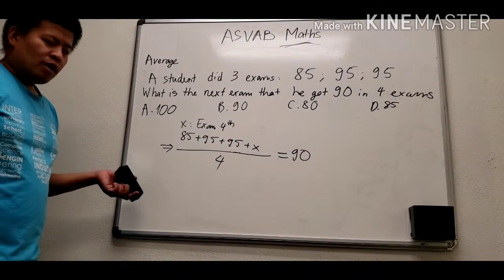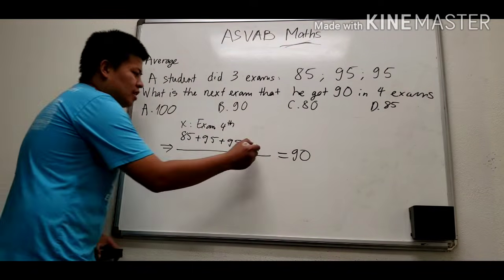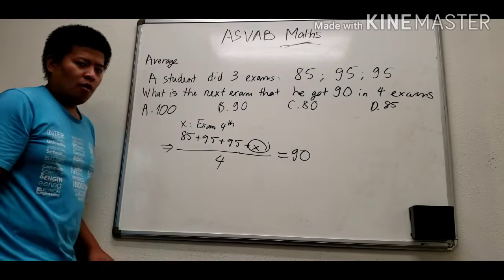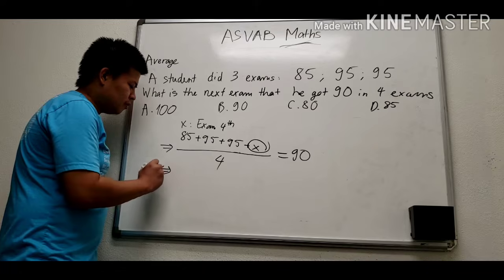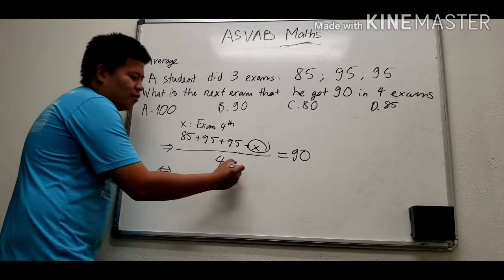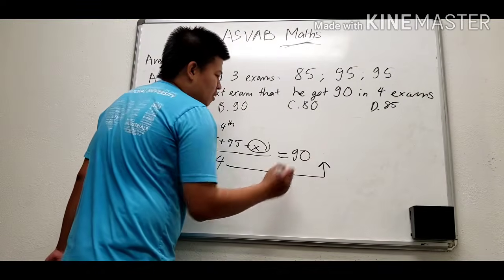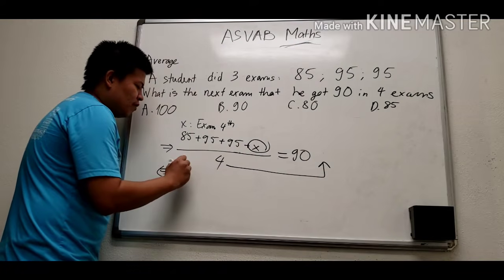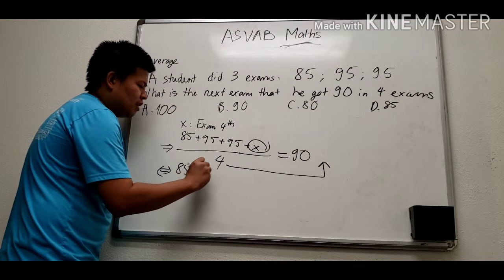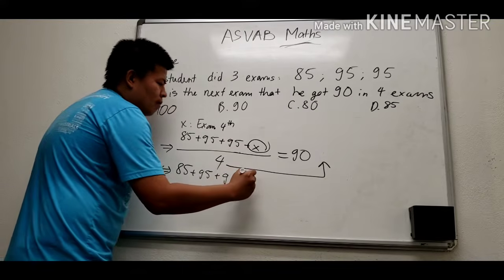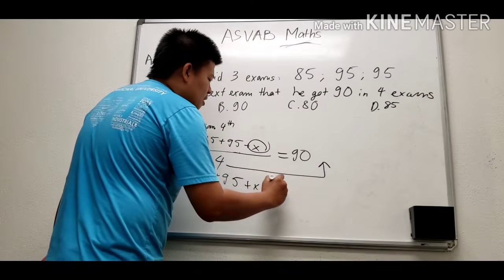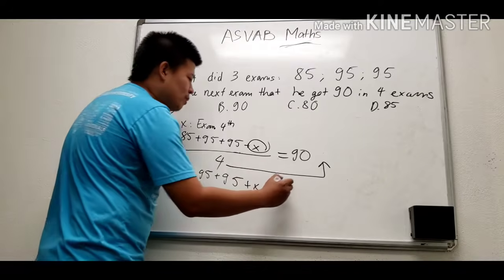So the next step, we need to calculate the S in here. We move the number 4 over, and we get 85 plus 95 plus 95 plus S equal to 90 multiplied by 4.